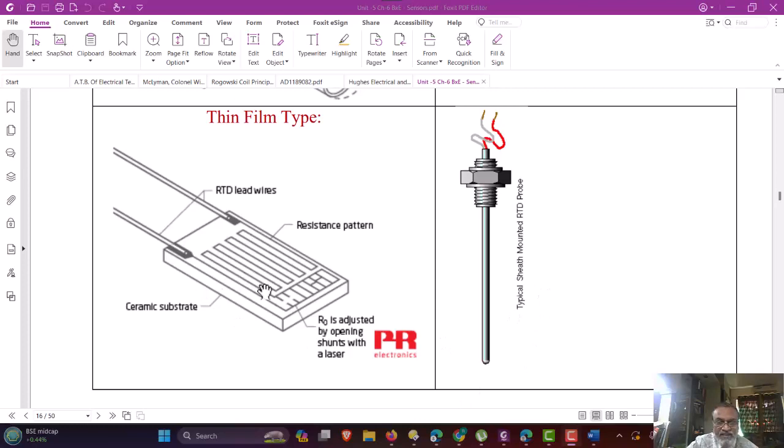So these sensors are insulated using an electrical insulator and inserted in a metallic tube, and the sensor will be present at the tip of this metallic tube. The metallic tube provides strength to the sensor so that it can be installed in the process installation.